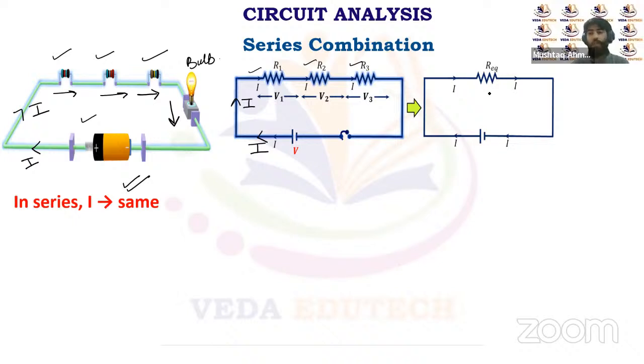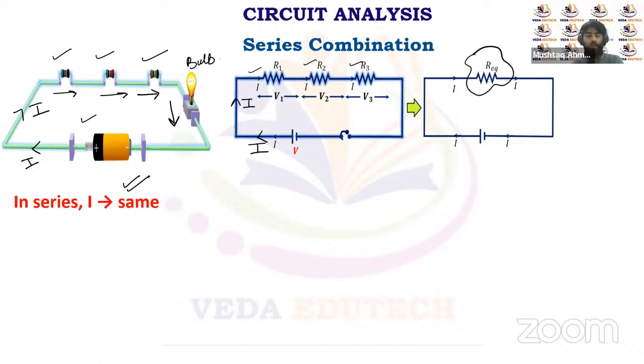That resistor which is placed in place of R1, R2, and R3, we call R equivalent, or equivalent resistance. The equivalent resistance will produce the same electrical effect as is produced combinedly by R1, R2, and R3. So if we replace R1, R2, R3 with this R equivalent resistor, the electrical effect produced by the circuit will be the same. It will not change. That's what we mean by the equivalent resistance of a circuit.